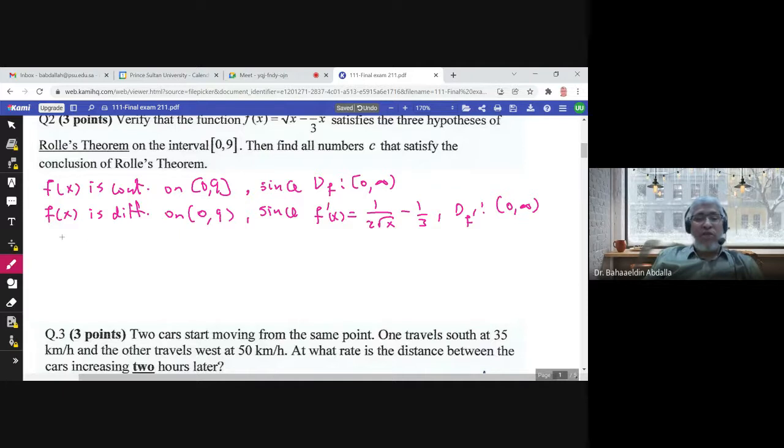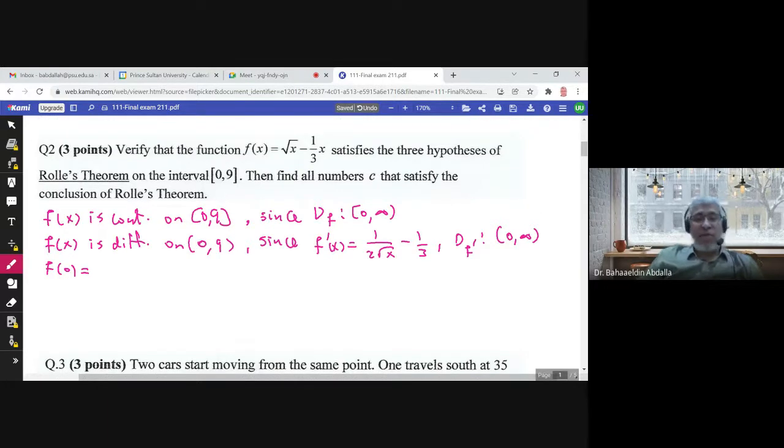The third condition: I have to make sure that f of 0 equals f of 9. F of 0 is square root of 0 minus 1 over 3 times 0, so that's 0. And f of 9 is square root of 9, which is 3, minus 1 over 3 times 9, which is 3, so that's also 0.